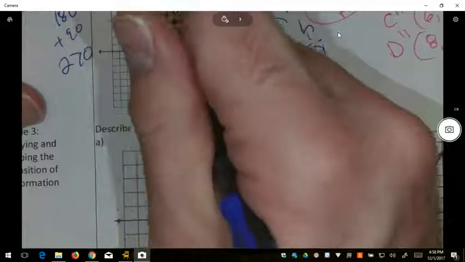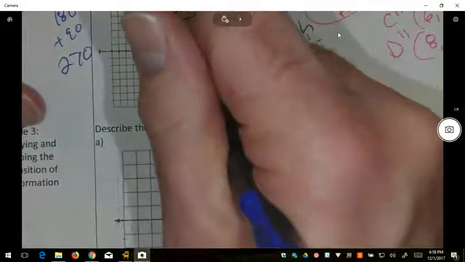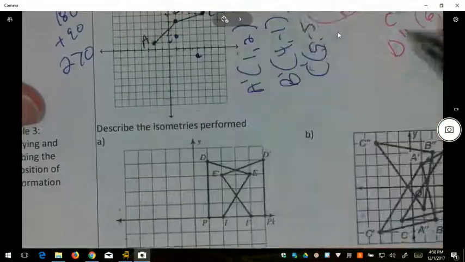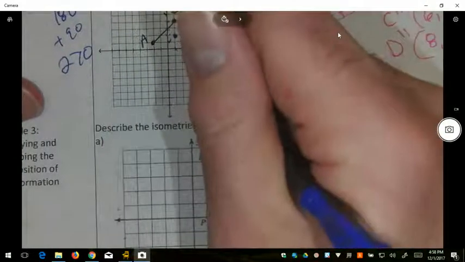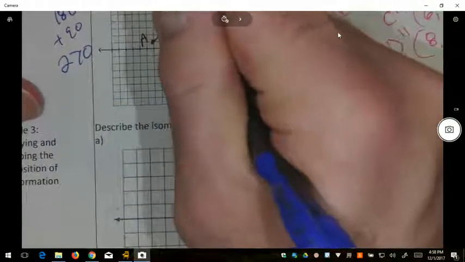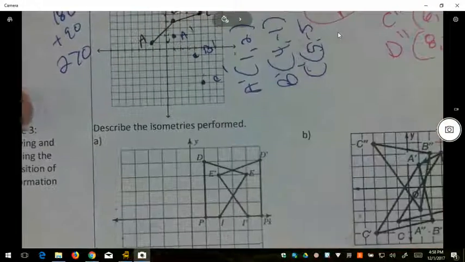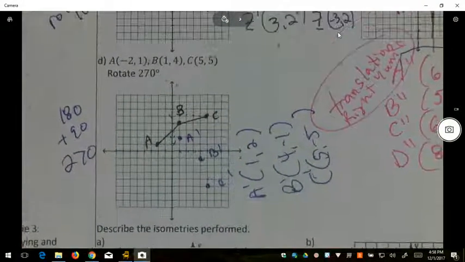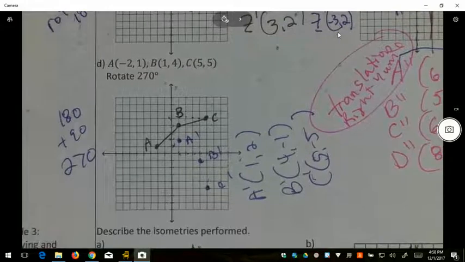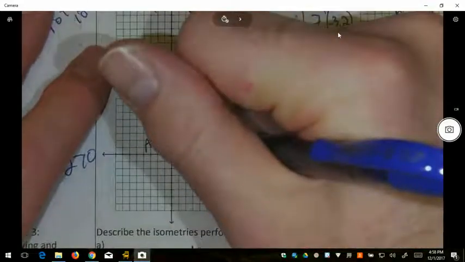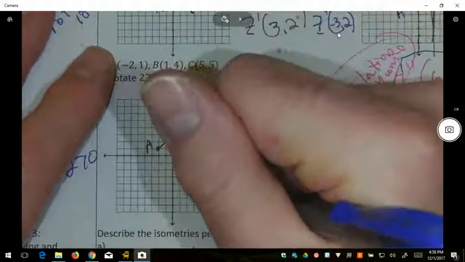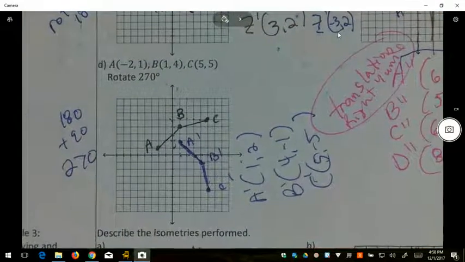So I can actually write those down and plot those at 1, 2, 4, negative 1, and 5, negative 5. A prime, B prime, C prime. They didn't ask for any other transformations, so we're done once we connect those. There's our rotation of 270 degrees.